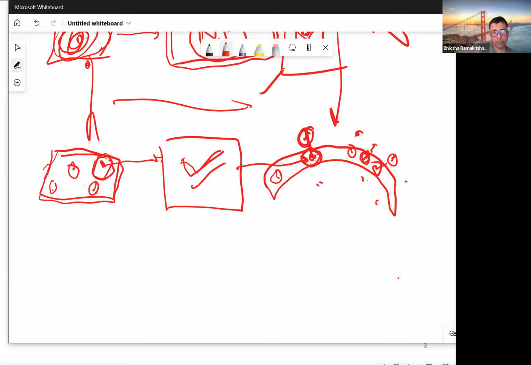Okay. Now the problem is this. We don't know these two guys. So these two guys also have to be estimated. The encoder will produce the first guy, right? To know this guy, you would need to know the sheet, correct?